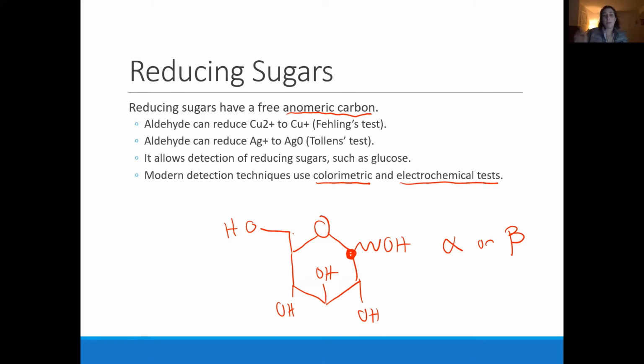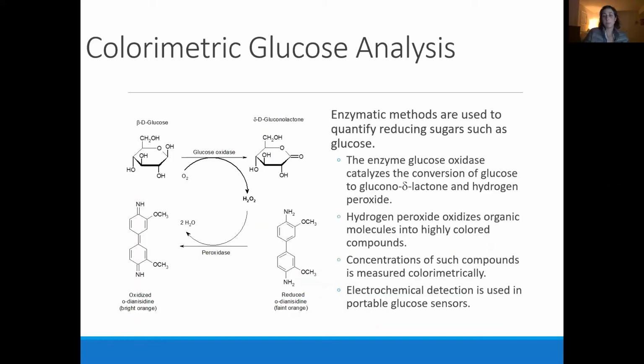Again, they're going to be utilizing some change in charge, but that charge will then be used to conduct some electricity to say yes or no. For glucose and other reducing sugars, there are also enzymatic methods that can be used. This is a type of method that is colorimetric, one that changes colors.